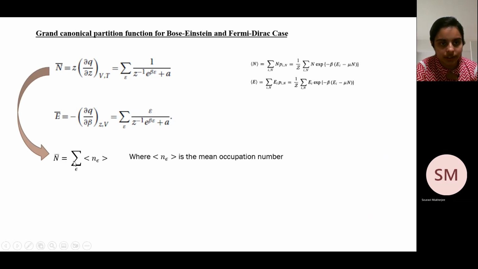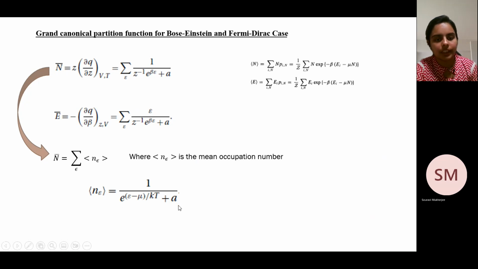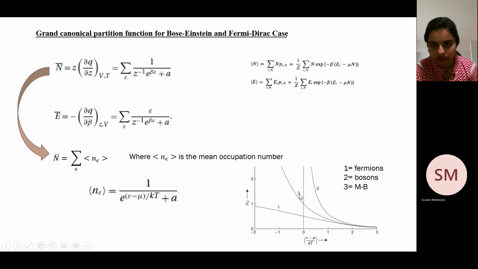This tells you that you can write n as a summation over epsilon of the mean of n epsilon, and this is called the mean occupation number. And this is given by this expression here. So depending on the value of A, you can have the mean occupation number for the different kinds of particles. And if you plot the mean occupation number n epsilon, you would get something like this, where you can see that for fermions, it's always less than 1.